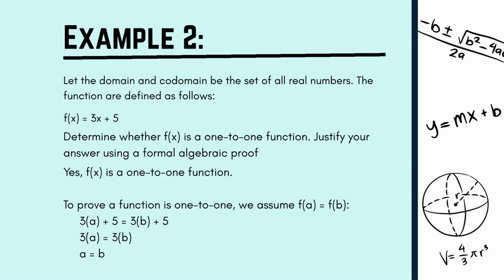Then we minus 5 on both sides, and we will get 3a equal to 3b. Then we divide both sides by 3. Then we will get a equal to b. So it is proven that f(x) is a one-to-one function.